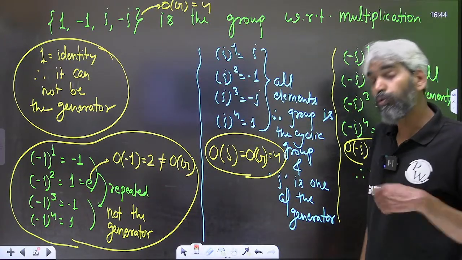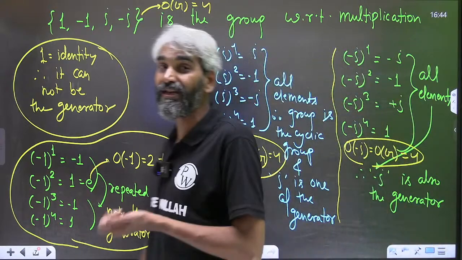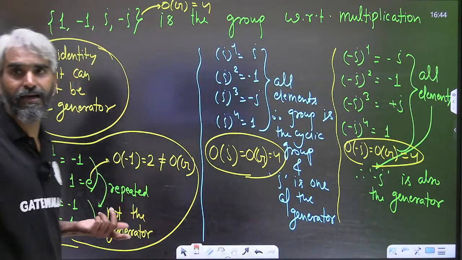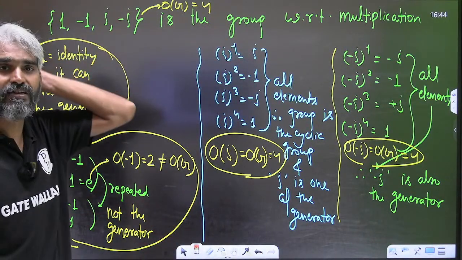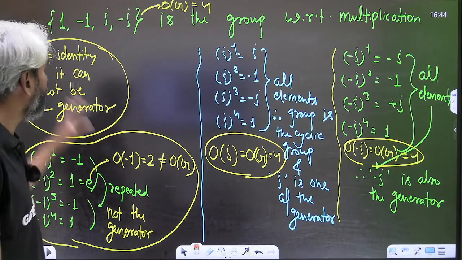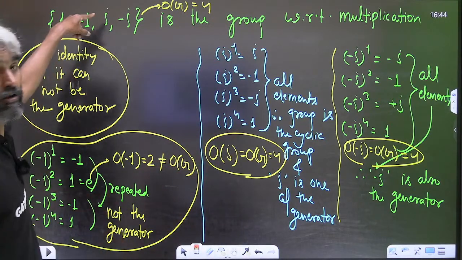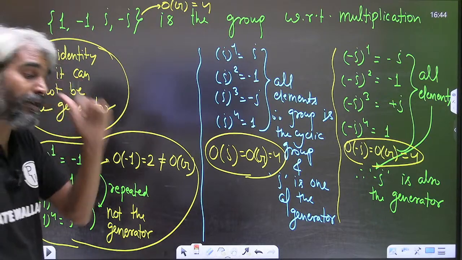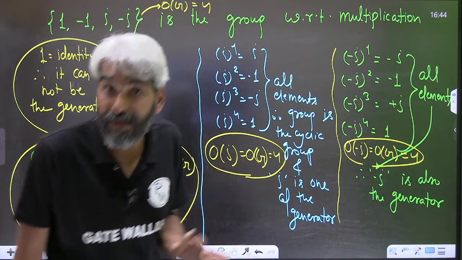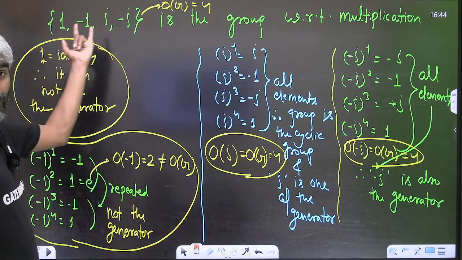But if somebody is only interested in knowing how many generators there will be for this cyclic group, then you don't need to calculate explicitly. Based on the order of that particular group, you will be able to determine how many generators will be there in that cyclic group.